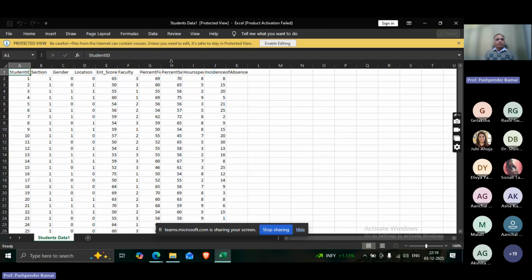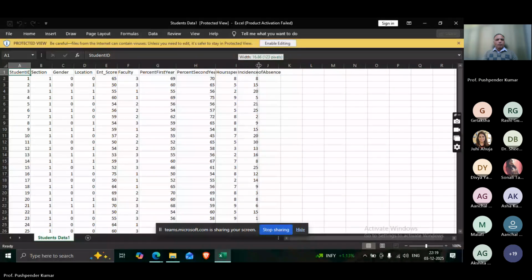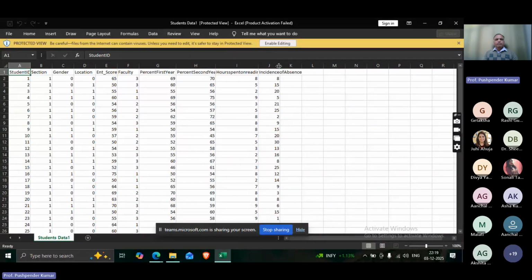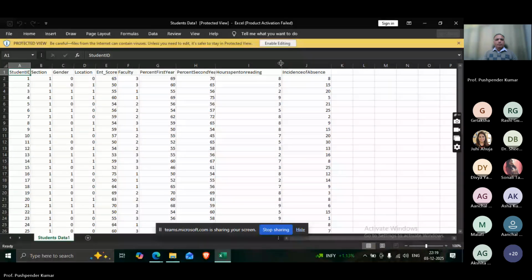Percentage in first year, percentage in second year, incidence of absence, and one more, hours spent on reading. At the time of entrance, what was their score, faculty, 1, 2, 3.